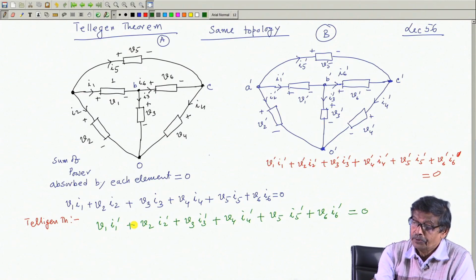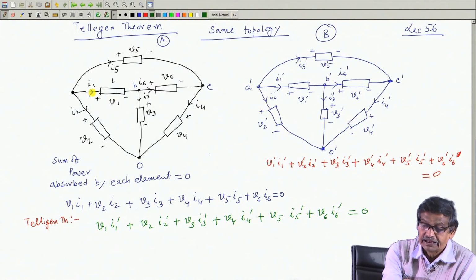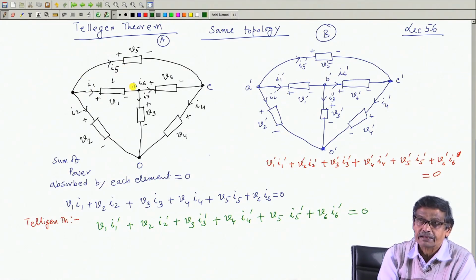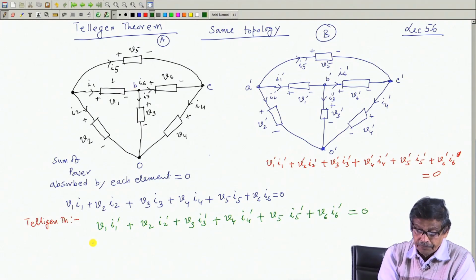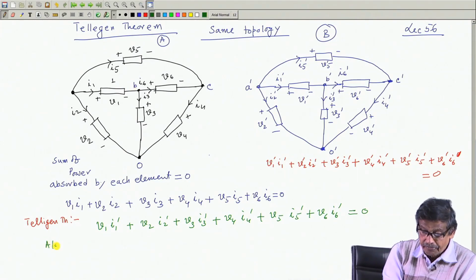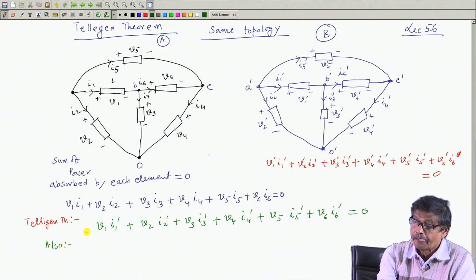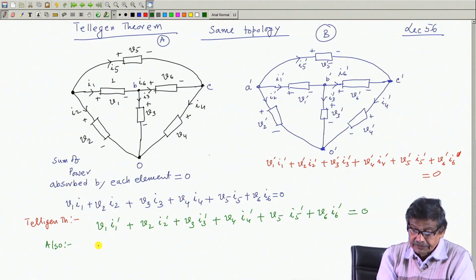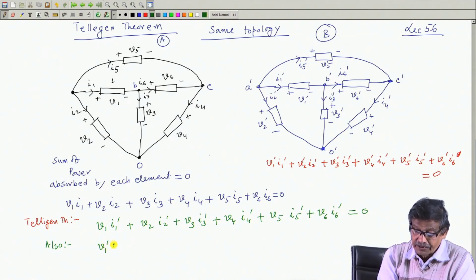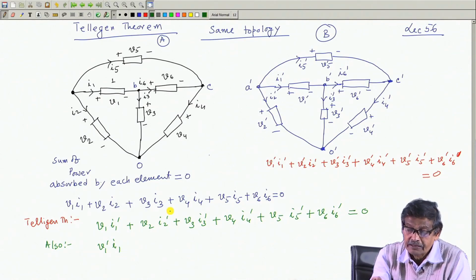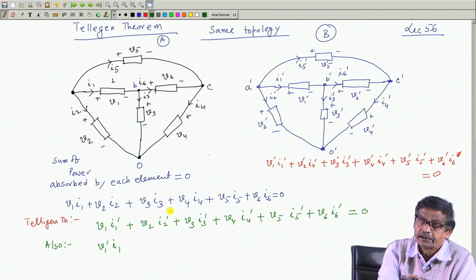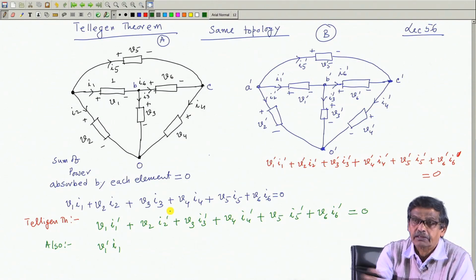Alternatively, you take the voltage of network B and multiply with the current of network A, then also it will be 0. What does this mean? Also, V 1 dashed into I 1, that is voltage across each element of network B multiplied by the corresponding currents of network A and sum them up.